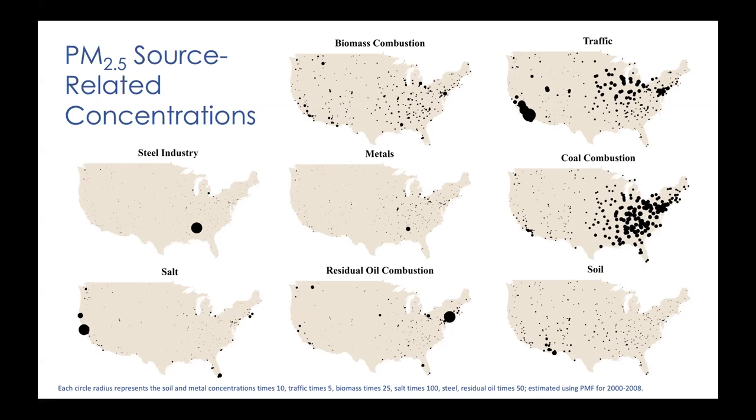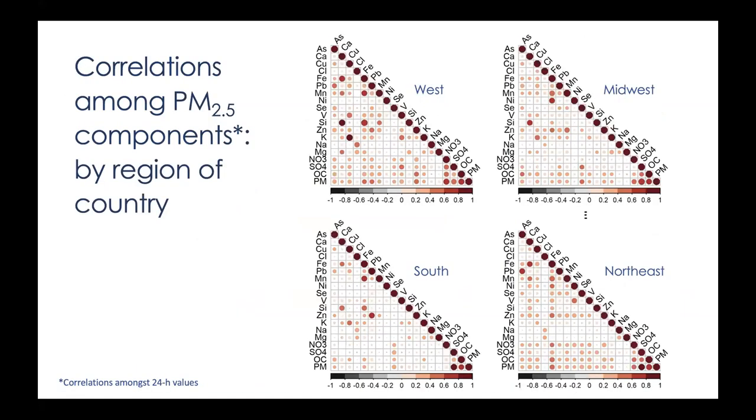One byproduct of the spatial heterogeneity in PM sources and component concentrations is concomitant spatial heterogeneity in the correlations amongst the PM components, which is shown in this figure. This figure shows the correlations amongst the daily averages of the many components measured at the US speciation sites, shown in the columns and rows of each figure.